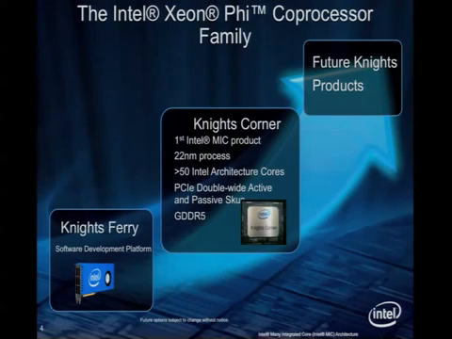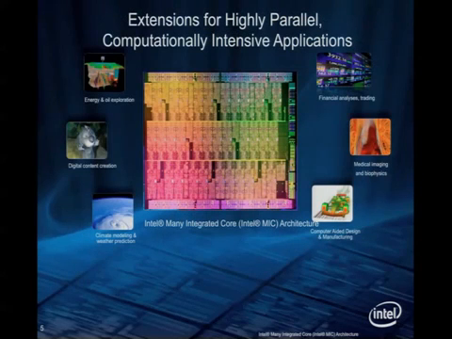Knights Corner, again, all these things I showed in the announcement. They are PCIe cards. They are double wide and use GDDR. And then Future Knights is how we refer to what might happen next. So what did we do? How did we get where we got?